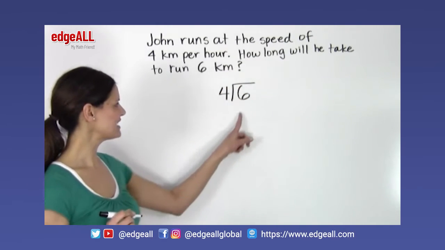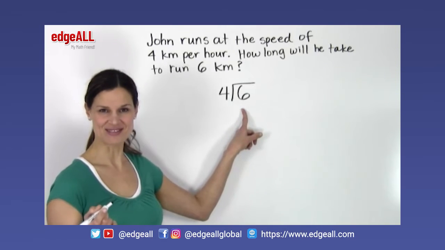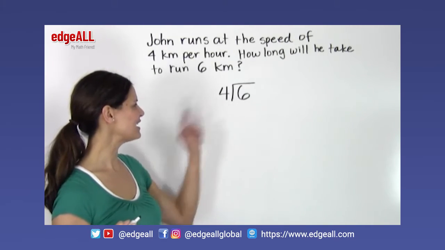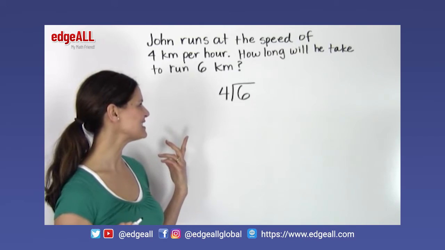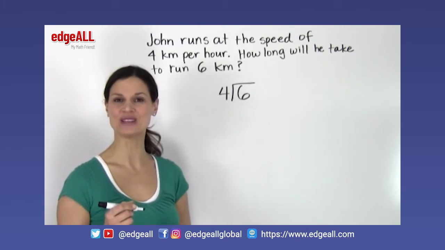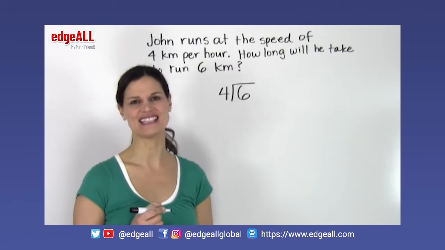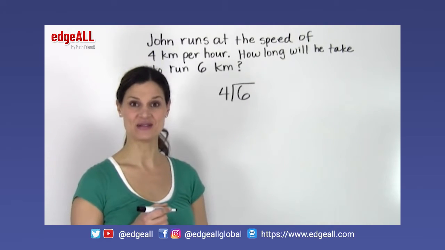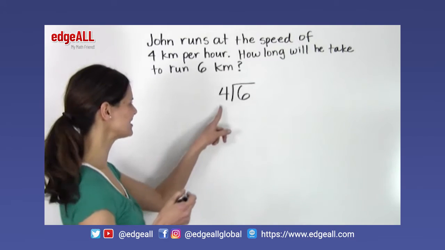And so I go ahead and start my long division of 6 divided by 4, and I ask myself, what number can I multiply 4 by? What's the largest whole number that I can multiply 4 by to get a product less than or equal to 6? And the answer is 1.